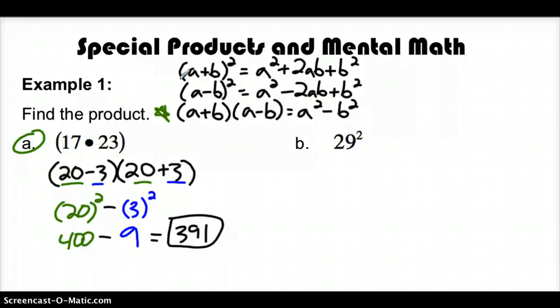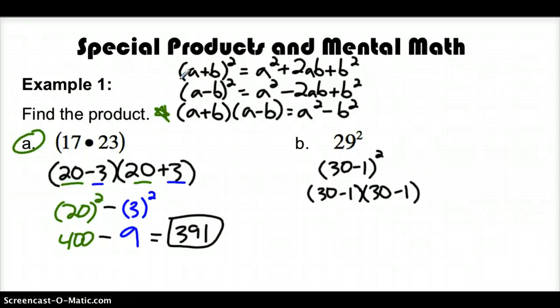Now 29 squared is awfully close to 30, so I'm going to write this as 30 minus 1 squared. Remember, this is 30 minus 1 times 30 minus 1. The pattern we're looking for in part B is squaring a binomial, a minus b squared. My a term is 30 and my b term is 1.